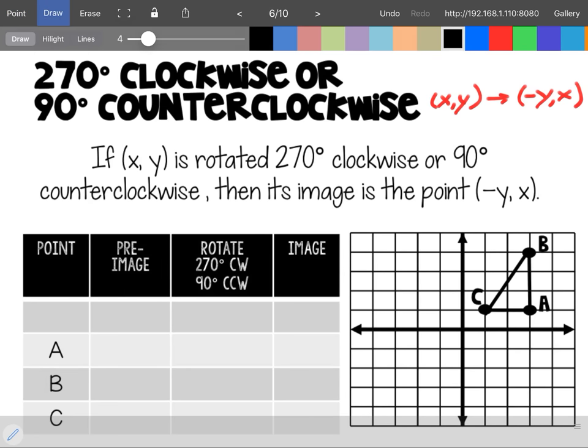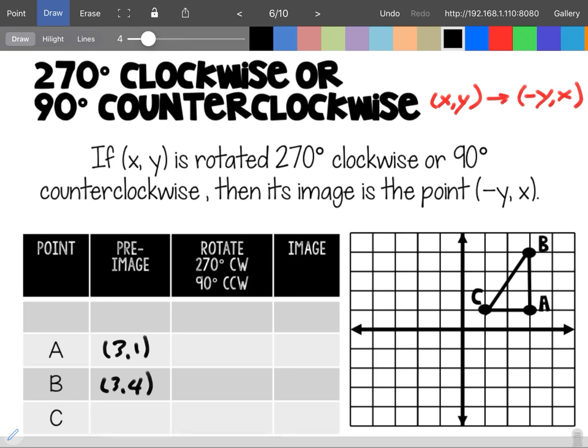So let's write down the pre-image coordinates again real quick. So again, A is at (3, 1), and B is at (3, 4), and C was at (1, 1). All right, so then we just got to apply that rule.